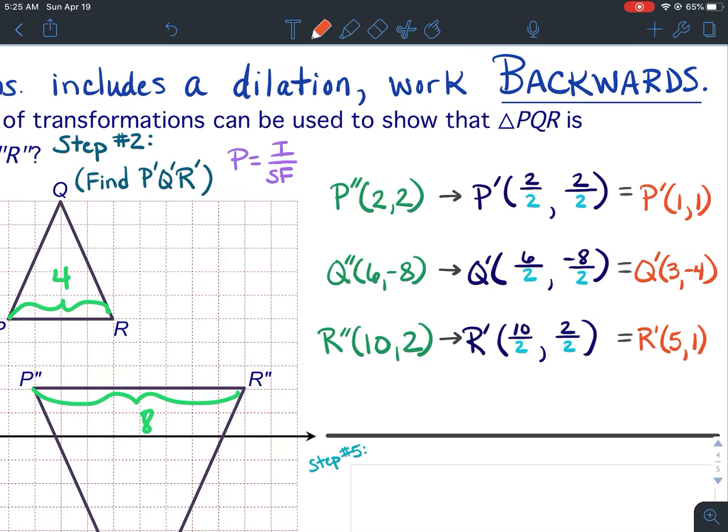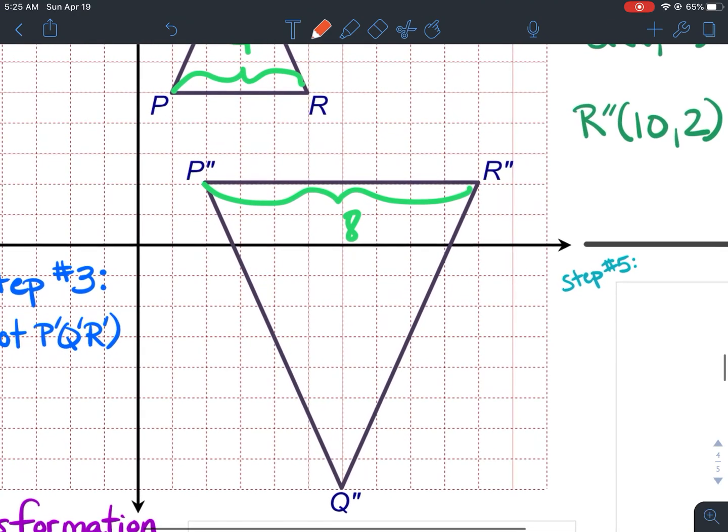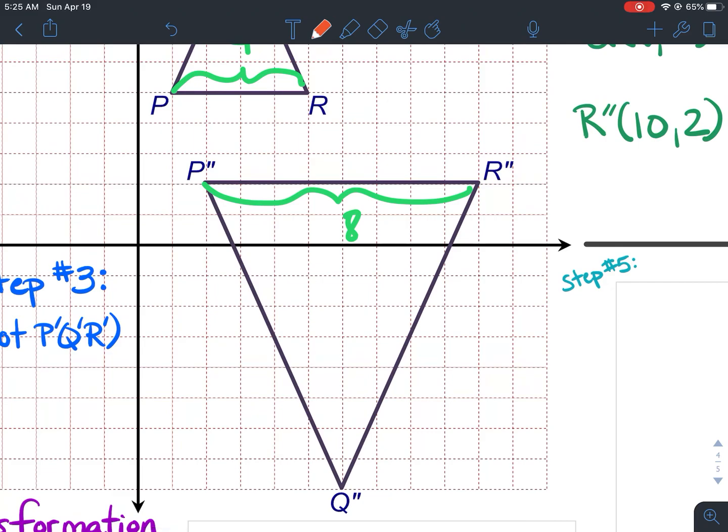Okay, now that we have those points, we go to step 3, which is to actually plot those points. We're going to plot (1, 1), (3, -4), and (5, 1). And now I'm going to connect them.